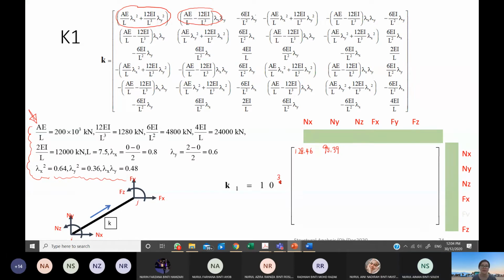Okay, so next will be this one. Negative 1728. Can you recheck?